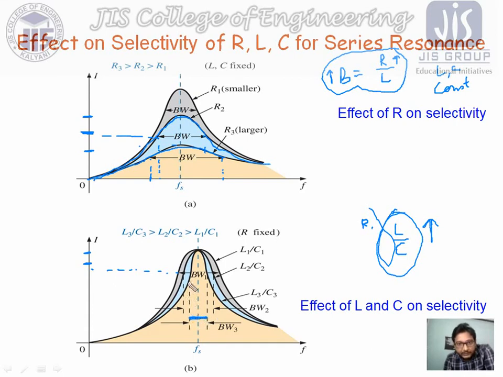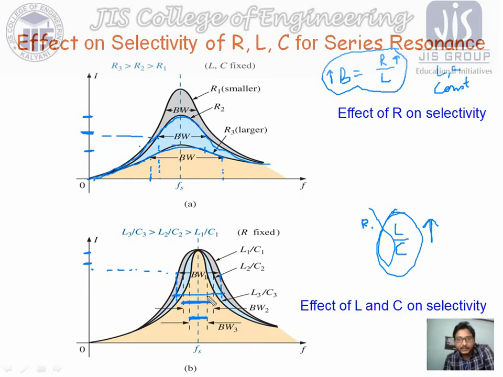For the second graph, the bandwidth changes to this amount. And for the third one, it will be more than that, from this side to this side.